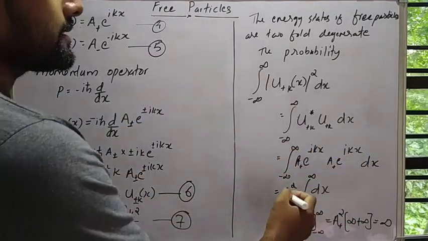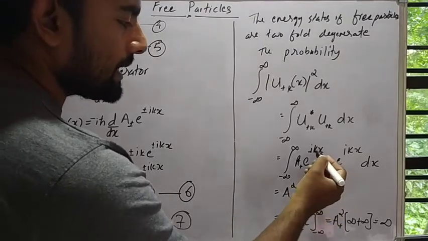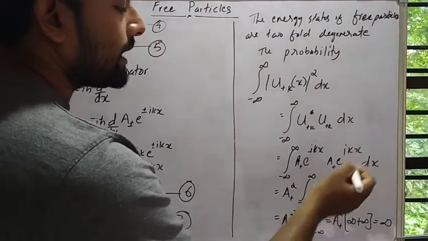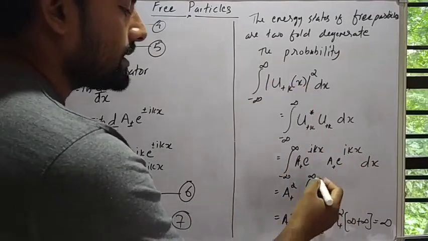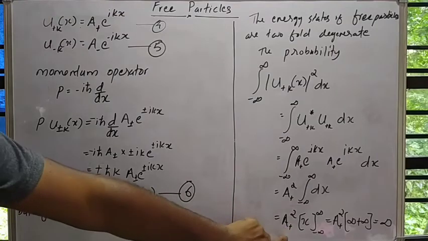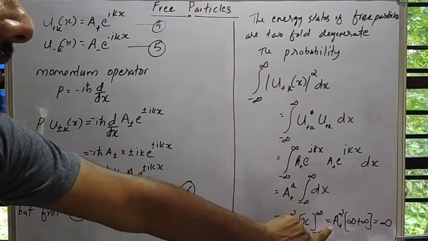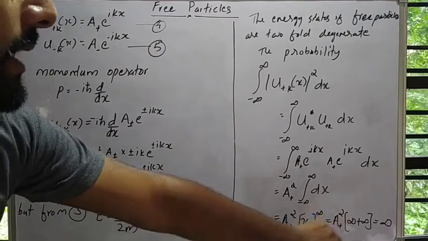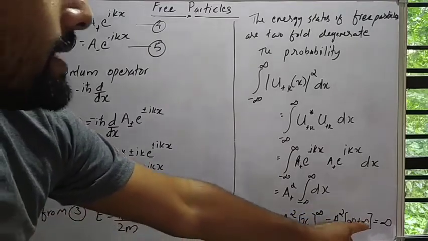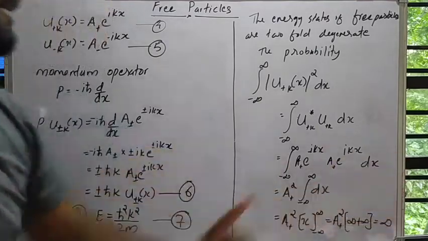That is A plus square times the integral of e raised to minus ikx into e raised to plus ikx, which gives 1. Then the integral of dx is A plus square times x from minus infinity to plus infinity, that is infinity minus minus infinity, which equals infinity.